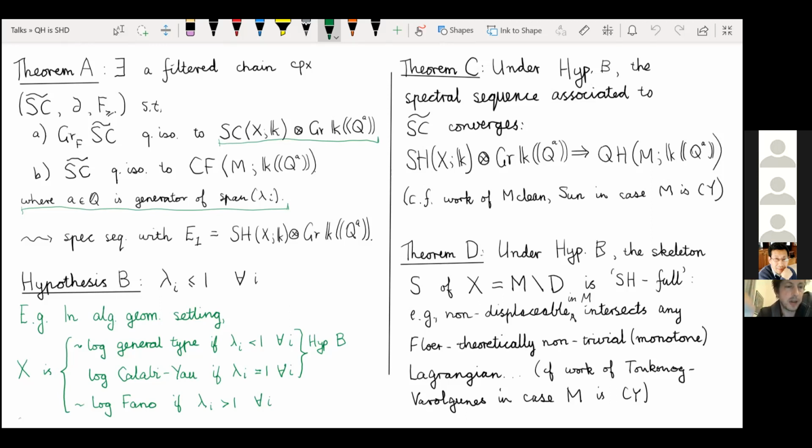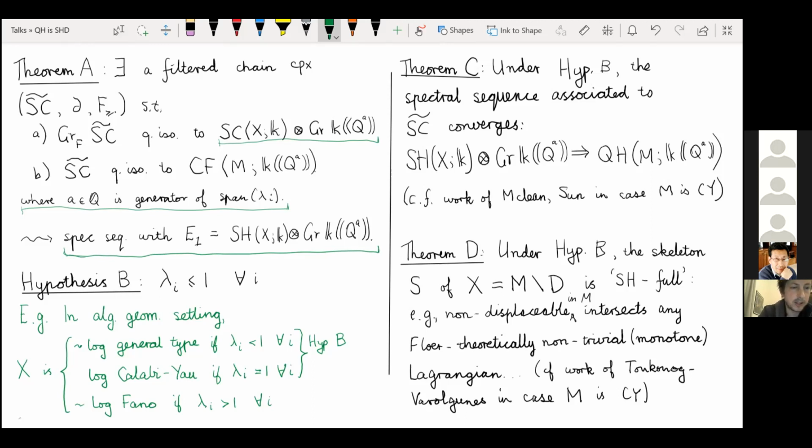So in particular, you have some spectral sequence whose E1 page is given by what we want, this symplectic cohomology of X, but it need not converge. So you need an extra hypothesis to make this spectral sequence converge to the cohomology of this filtered complex.